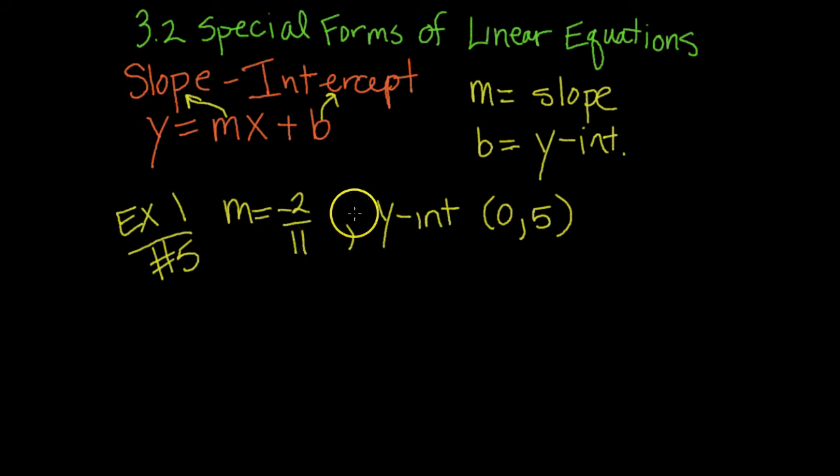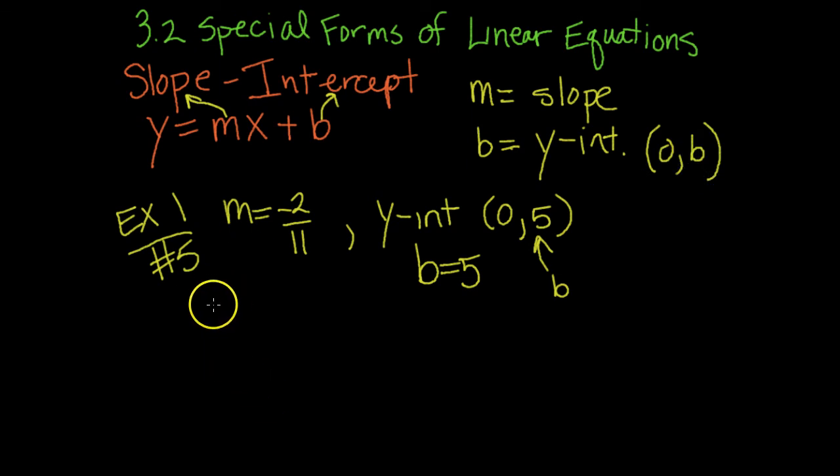So this negative 2/11 goes right in front of x, as you can see, and b is the 5. Once again, you can think of the y-intercept as 0, comma b as a point. And so then we just fill it in.